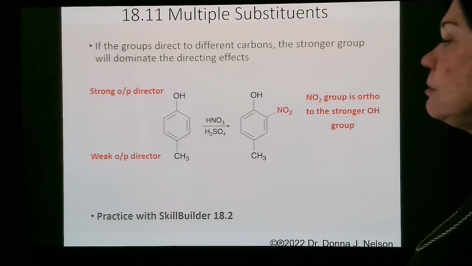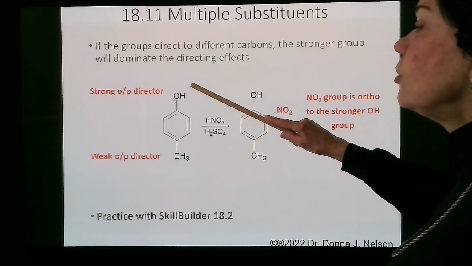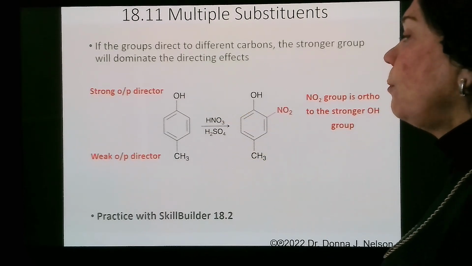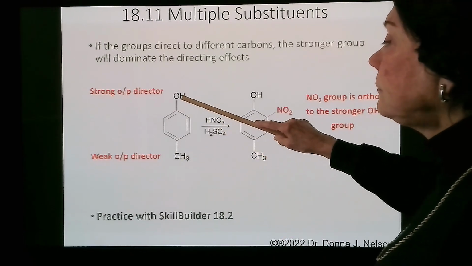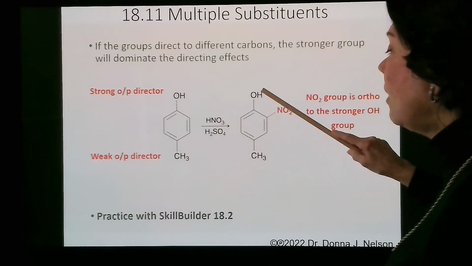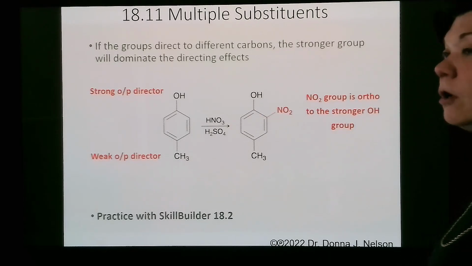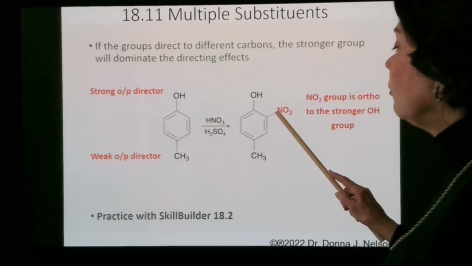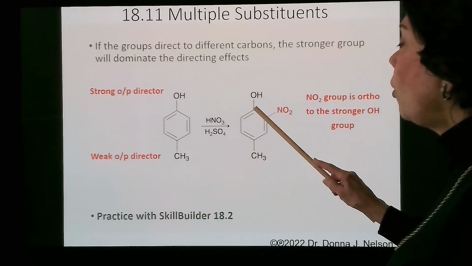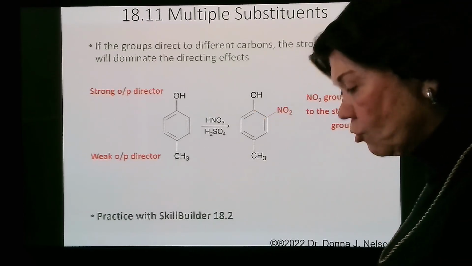And so you have to consider which one is the stronger ortho-para director. And here, between hydroxyl and methyl, hydroxyl is the stronger ortho-para director. So it wins. So the incoming group, whatever it is, goes ortho to hydroxyl.